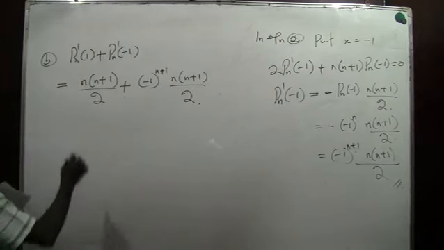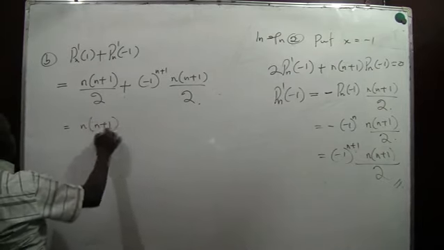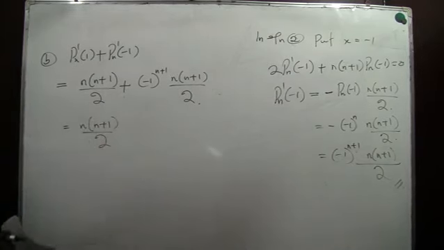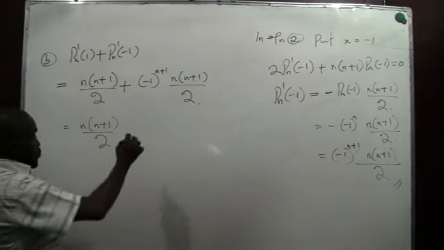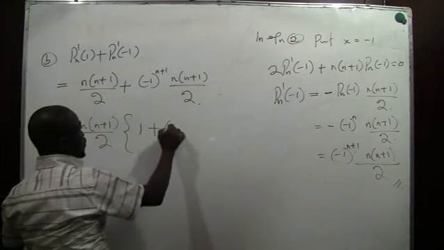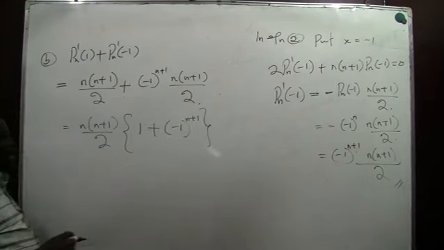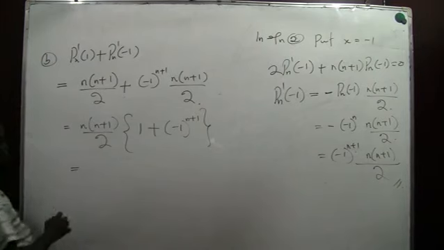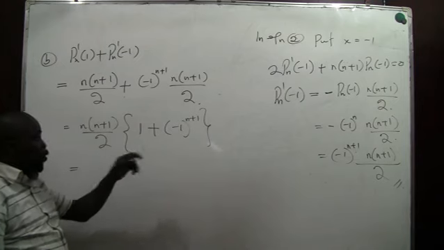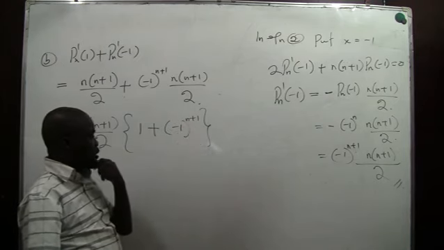Of course, n(n + 1)/2 is common to the two of them, so we are left with 1 + (−1)^(n+1). That is the value.